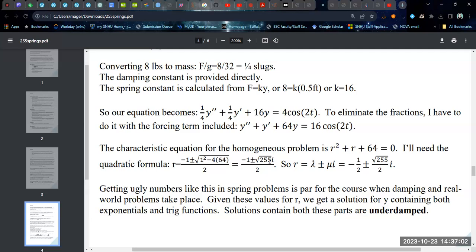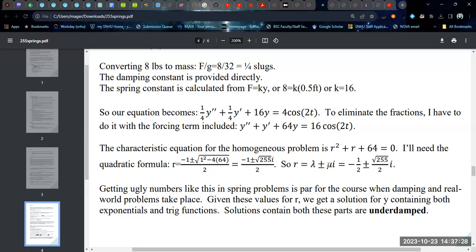And so we get this complex solution. In many real world problems, you are going to get appallingly hideous coefficients and constants, and that's just life. The process is the same, but you are going to end up with messy math.